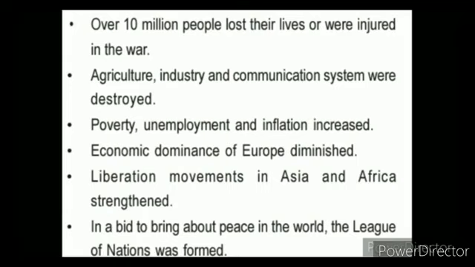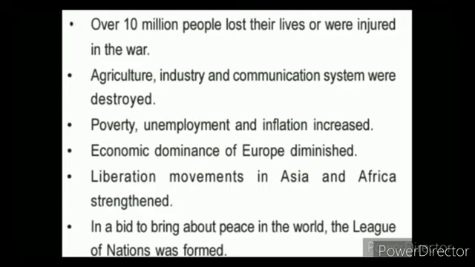Then turn to the results of the war. The First World War ended in 1918. The impacts of the war were: 1. Over 10 million people lost their lives or were injured in the war.